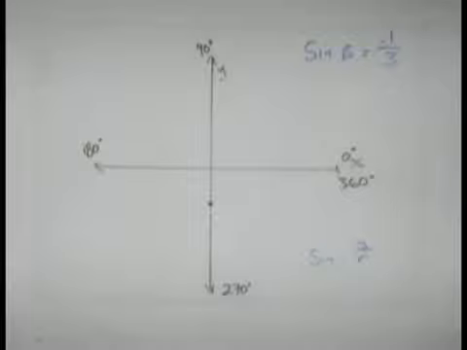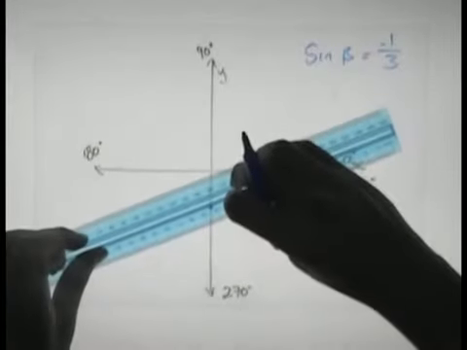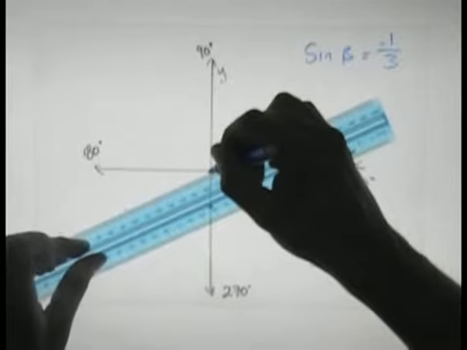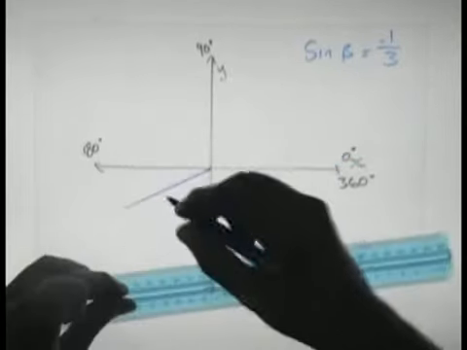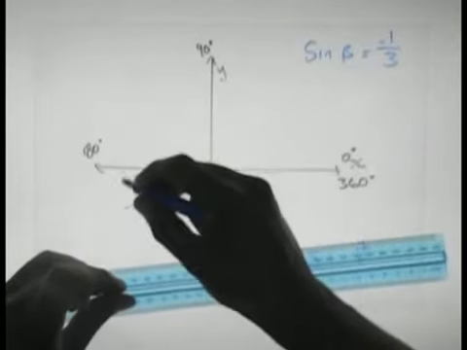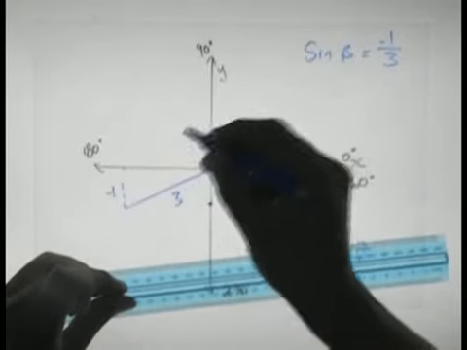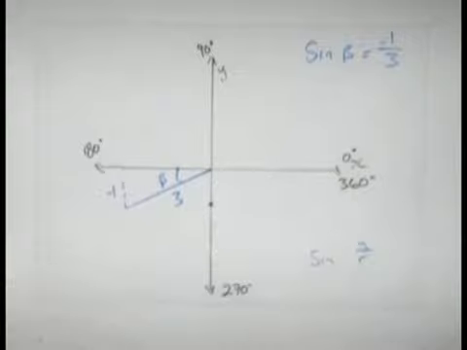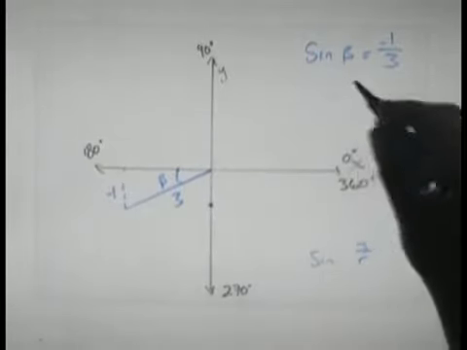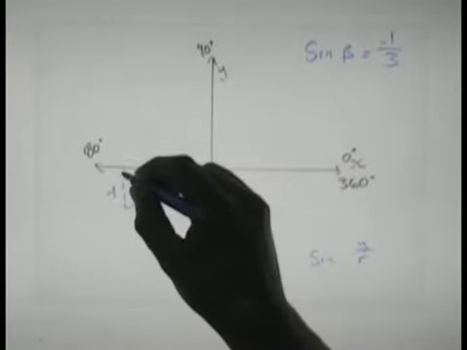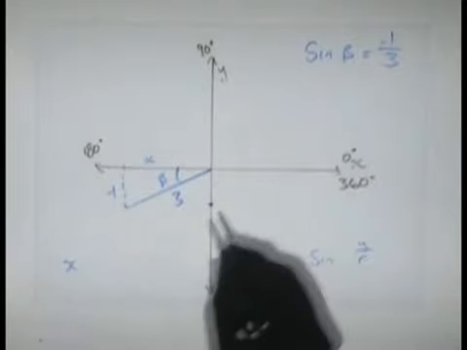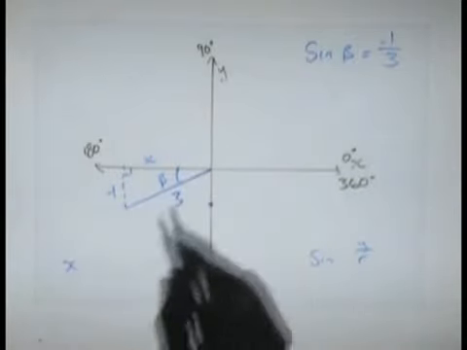That means that beta could either come over here with an r value of 3 and a y value of negative 1, and that would give us beta. Now, to get our x value, again, if we needed to, this is a right angle triangle, right?